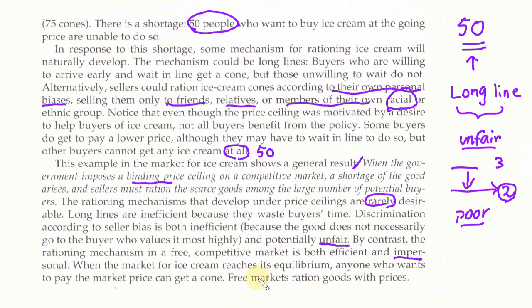The bias means to their friends, families, even ethnic groups, racial groups, and even the satisfaction of these buyers is not as much as the satisfaction of a real purchase, because this kind of distribution is according to the seller's bias. Okay, so these are the three phenomena which can happen with a price ceiling in a competitive, rationing market.